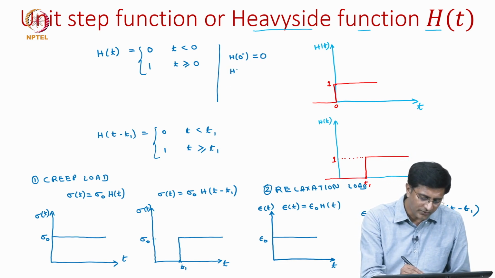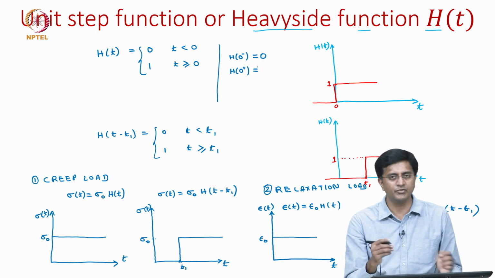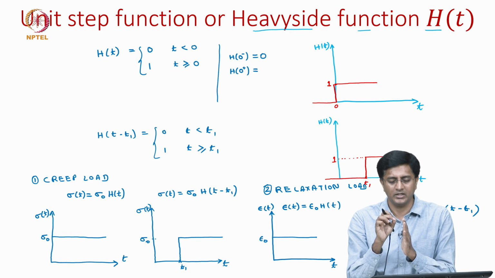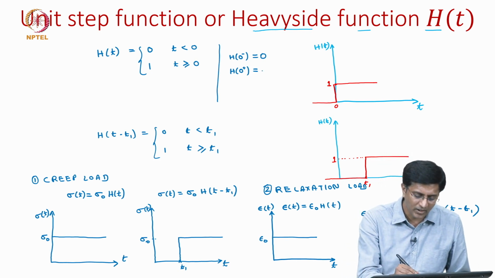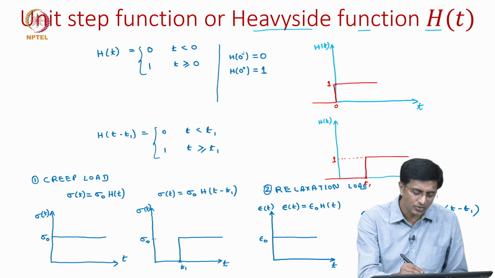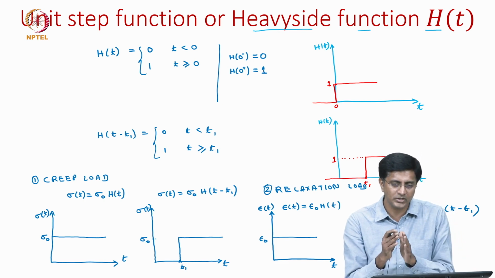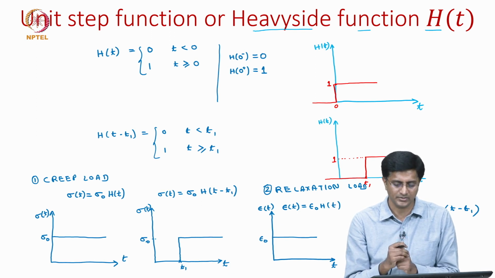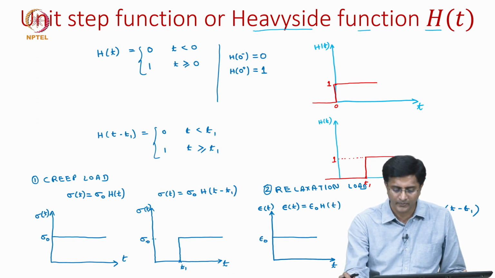And what is the Heaviside function value just to the right of t equal to 0? That is, an infinitesimal increment in time from t equal to 0. That is when we have this value as 1. So, it is important to note that 0 minus and 0 plus represent whether we are slightly to the left or slightly to the right of the time we are looking at. Okay.